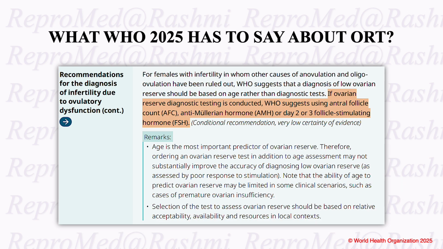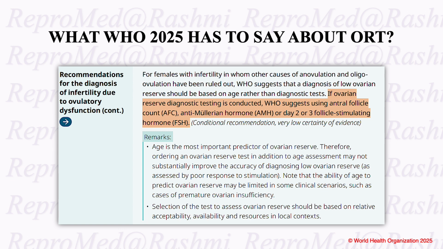Now, what does WHO 2025 have to say about the ovarian reserve test? Since we have discussed so many ovarian reserve tests like FSH, estradiol, inhibin, AMH, AFC, ovarian volume, which is the test which should be done to check the ovarian reserve?